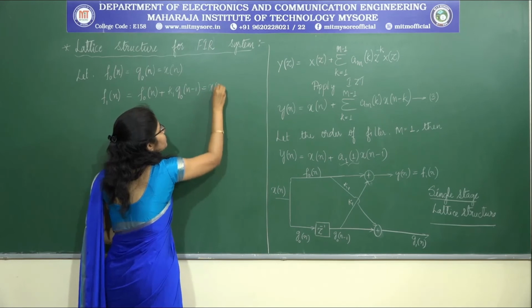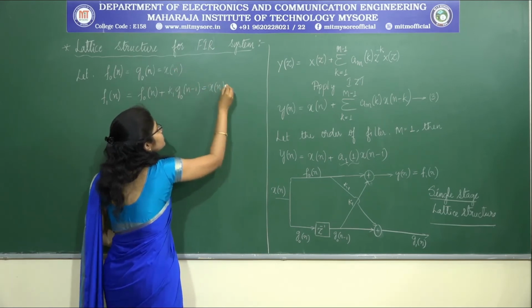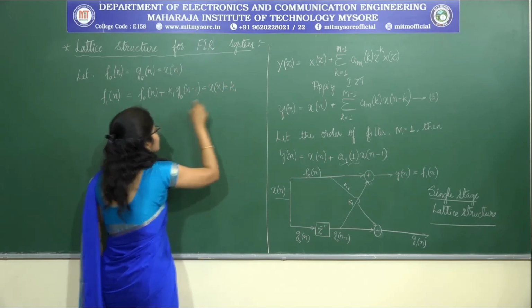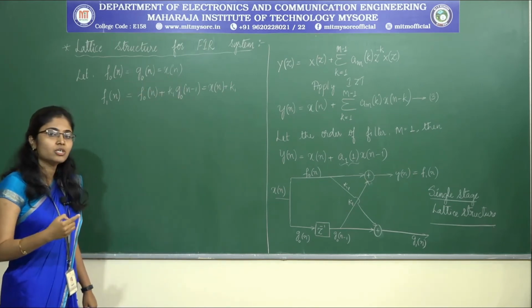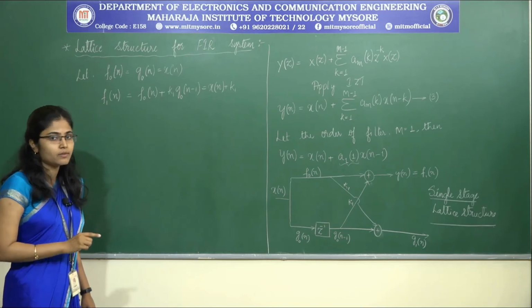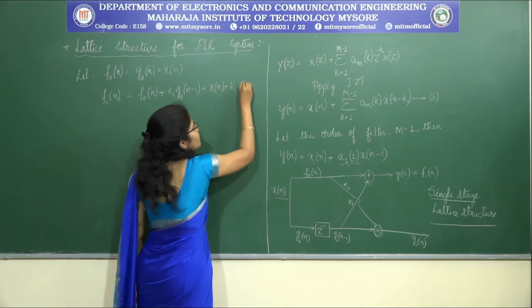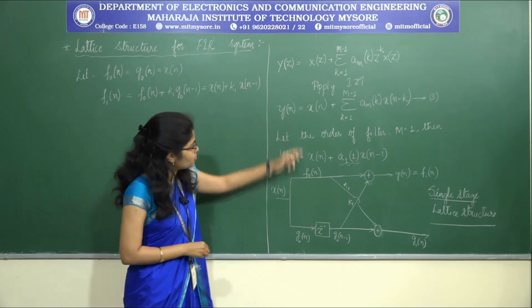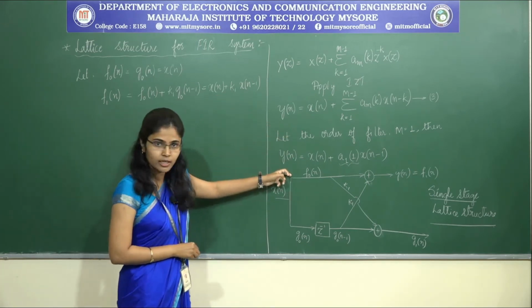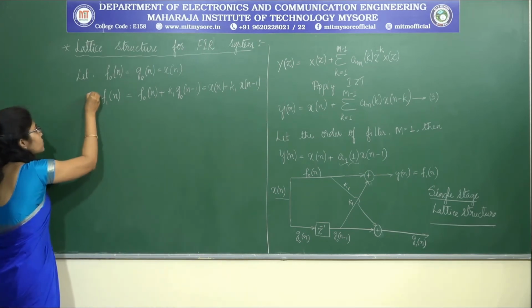So, this will be equal to x of n plus k1 into g naught of n, and g naught of n is equal to x of n. Then what is g naught of n minus 1 equal to? It will be equal to x of n minus 1. So, did I get the same output equation? Okay. So, this is nothing but equal to y of n.